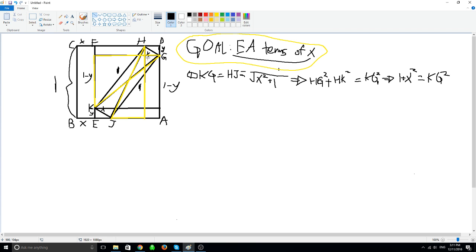And then from there, you could find EA using this first triangle we created. It's really all a matter of dropping altitudes, creating more triangles, and finding congruent triangles, and that just helps out a lot. After you do that, we're going to try and find the lengths of these triangles.